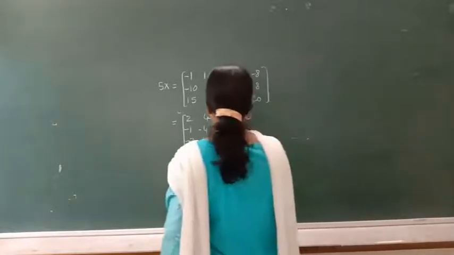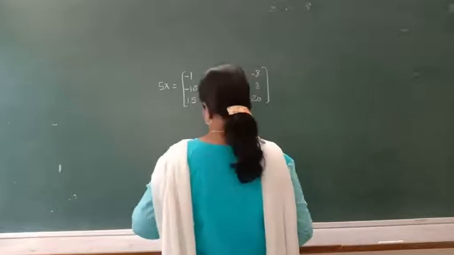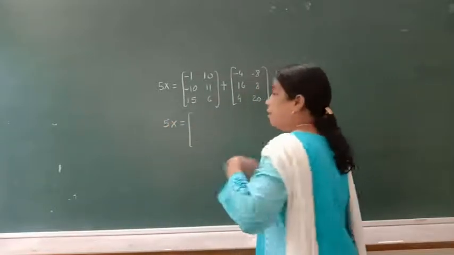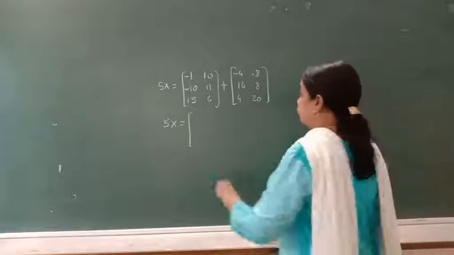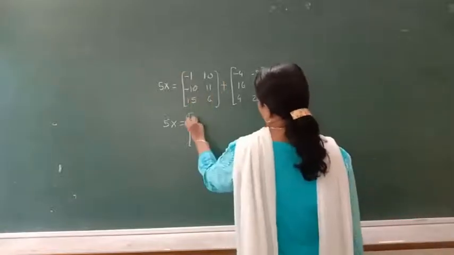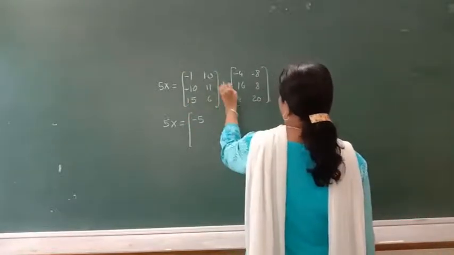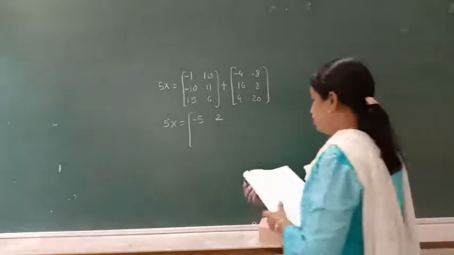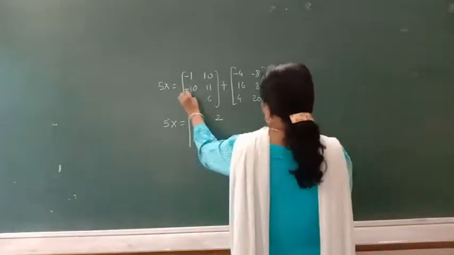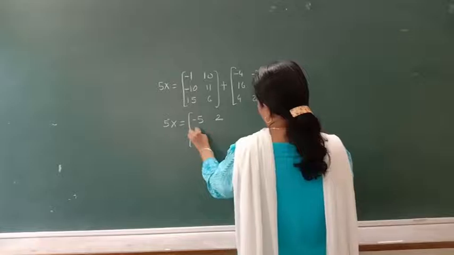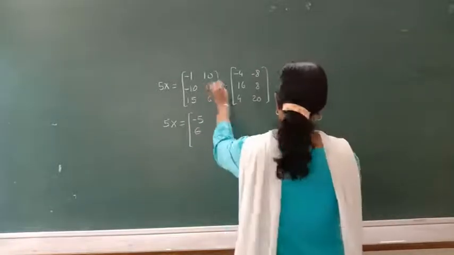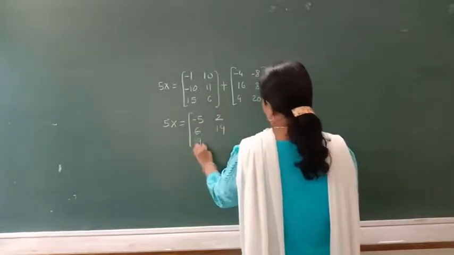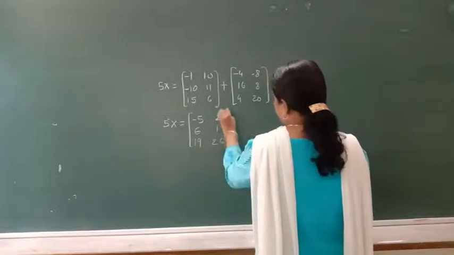Now we will add these: -1 minus 4 is -5. 10 minus 8, that is 2. -10 plus 16 is 6. 11 plus 8 is 19. 15 plus 4 is also 19. 6 plus 20 is 26.